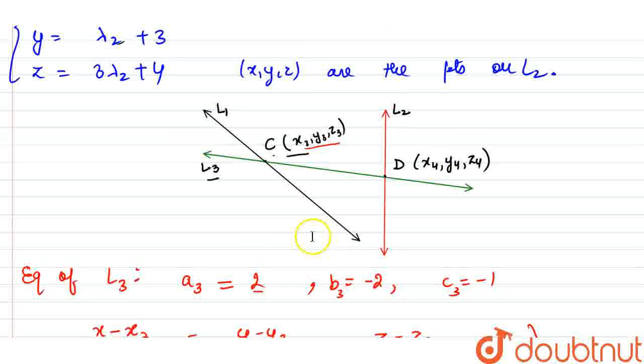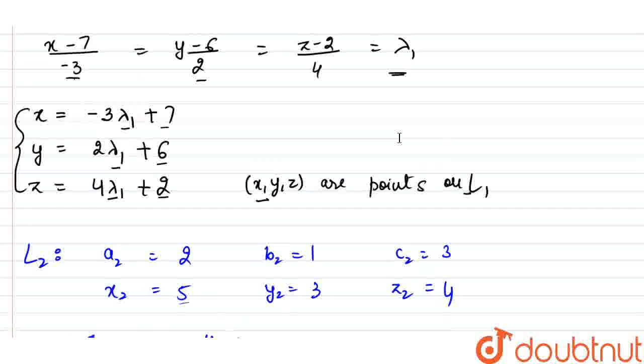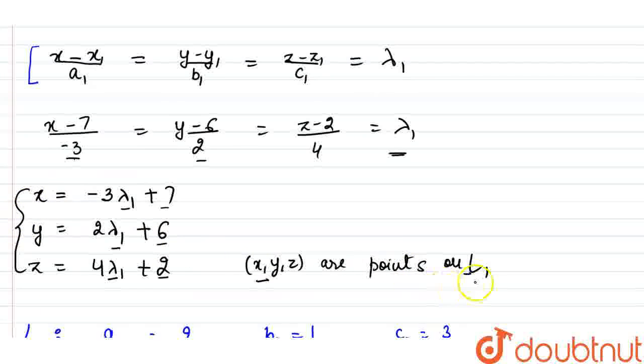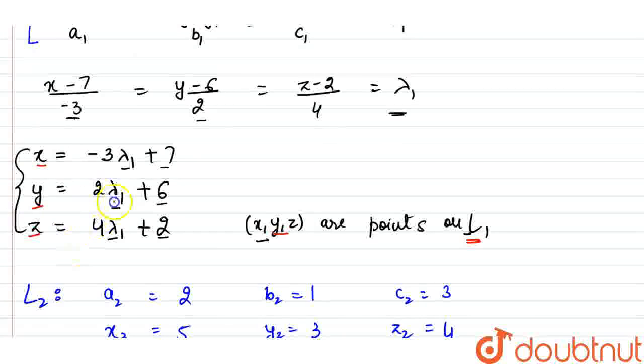Now we know x3, y3, z3 is a common point of L1 and L3. That means x3, y3, z3 will also satisfy the points of the L1 line. So these were the points of L1 line. If we put x3, y3, z3 here, we'll be able to find the value of lambda.